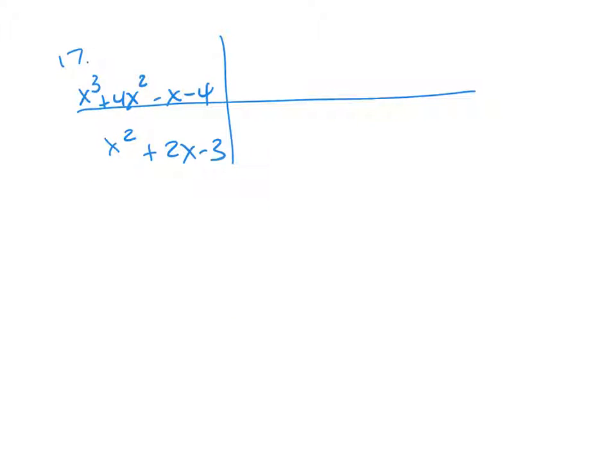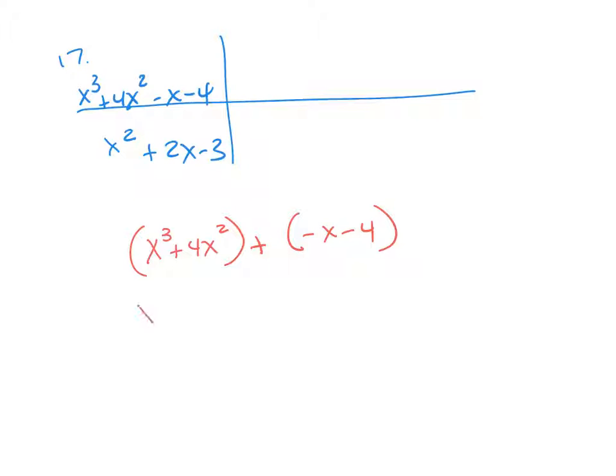When you see 4 terms like this, attempt to regroup. So I'm going to rewrite it as x cubed plus 4x squared in parentheses. I'm going to put a plus in the middle and then put negative x minus 4. Does everybody see what I did? I regrouped it because there's 4 terms up there. What can I pull out of that first group?